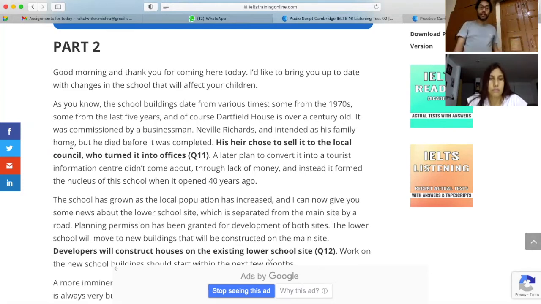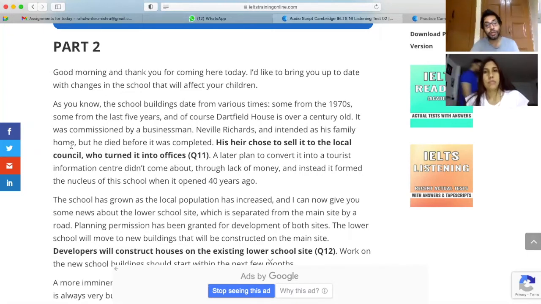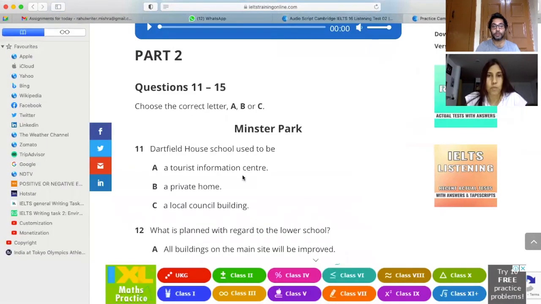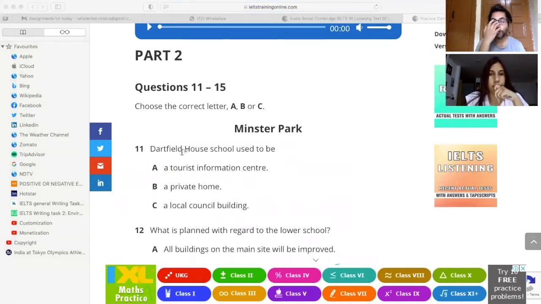Okay, so it was intended. The original idea was that it should be a family home, but ultimately it was sold to the Yokai Council. It became the Yokai Council building. That is very important. Your scripts, you get a lot of answers. So originally it was intended. Intended means thought, thought to be a family home.